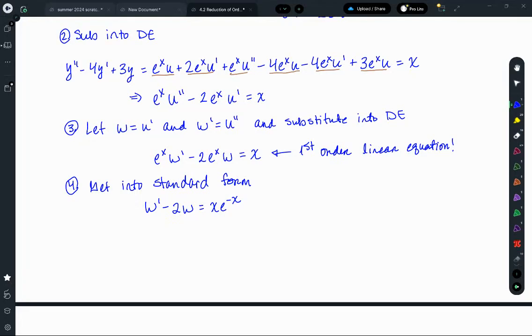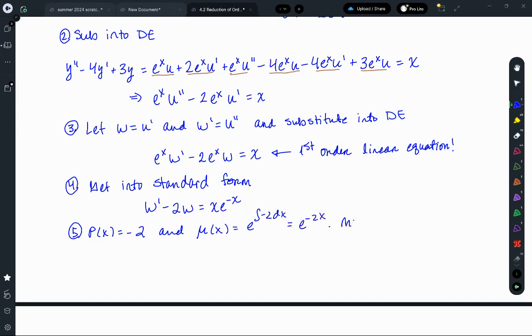And then we need to get our integrating factor. So p of x is equal to a negative 2, and mu of x is equal to e to the integral of minus 2 dx, which is equal to e to the minus 2x.